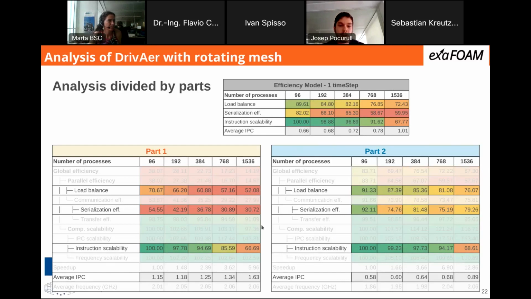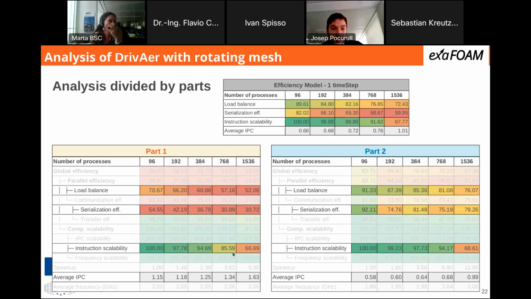In part one, we see that the load balance and the serialization are very bad. In part two, the load balance and serialization are also bad, but not as bad.